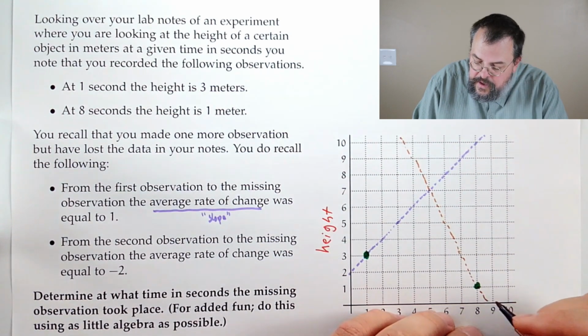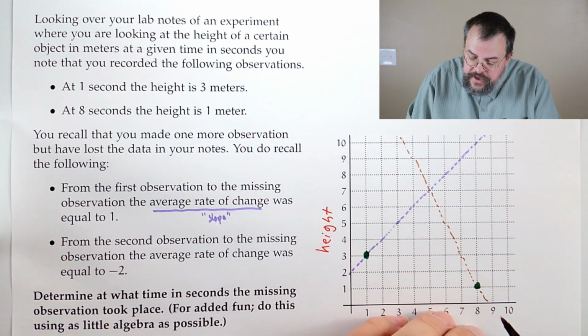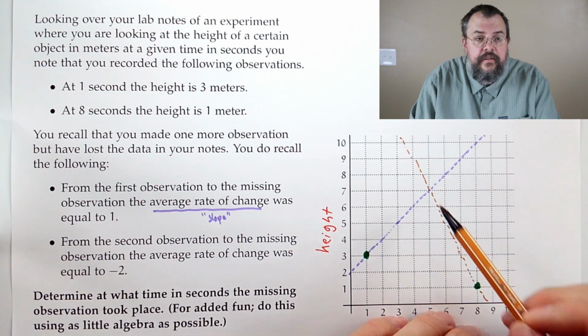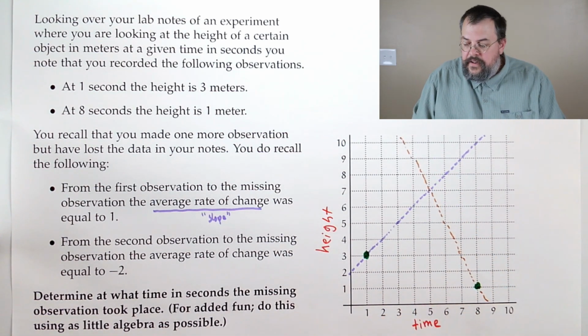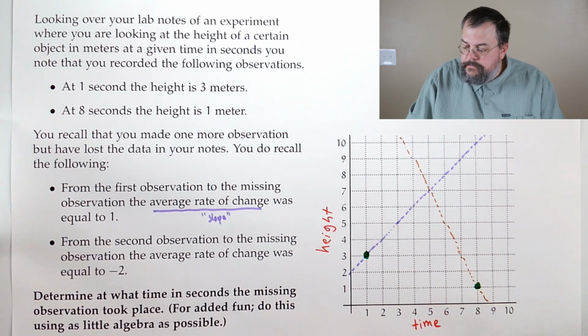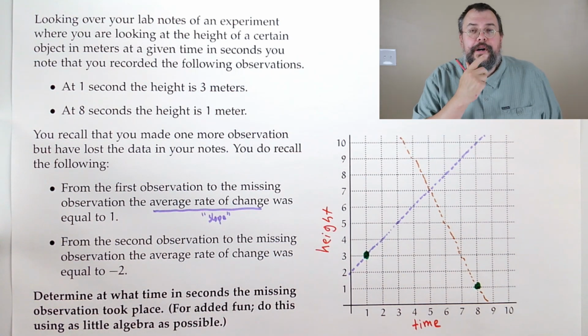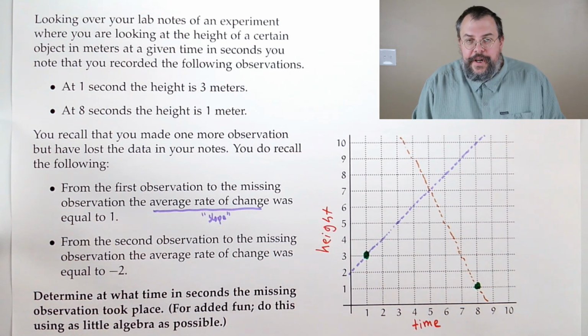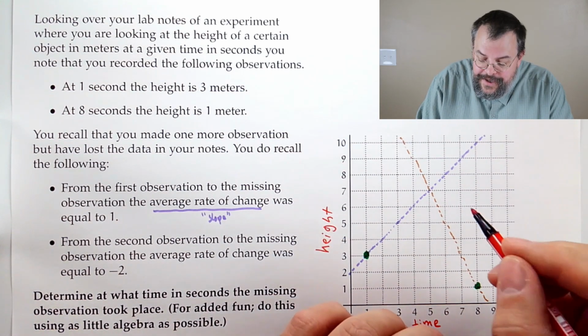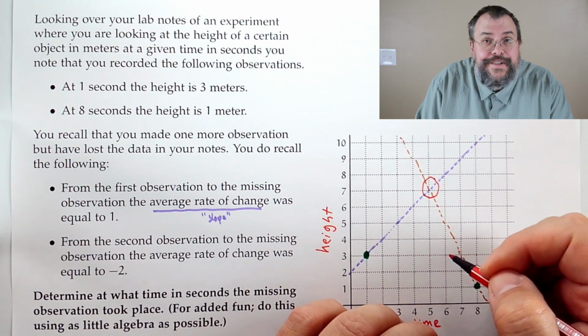So that means wherever the second observation is, it has to be somewhere on that line. And now we don't have to say for too long because we're thinking, where could our missing point be? I suspect it's where X marks the spot.